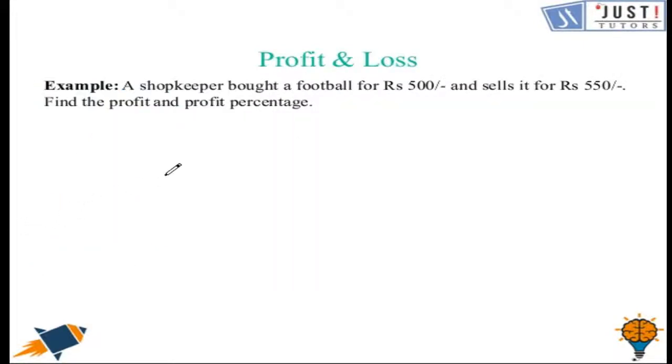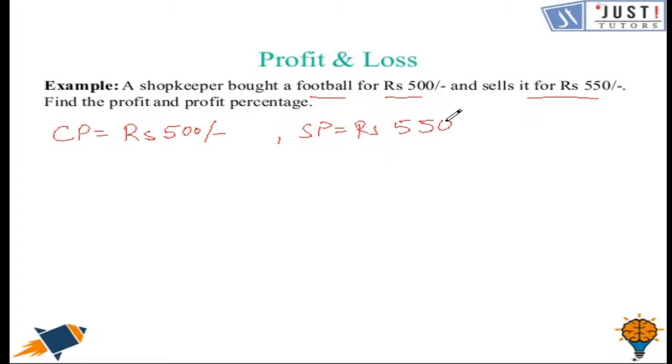Let's have an example. The example says a shopkeeper bought a football for rupees 500 and sells it for rupees 550. It means CP is rupees 500, SP is rupees 550. We need to find first the profit.